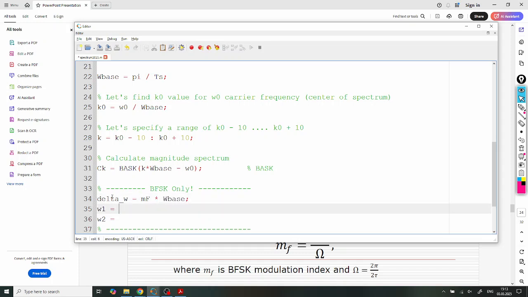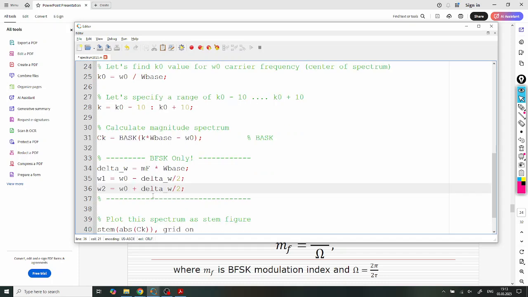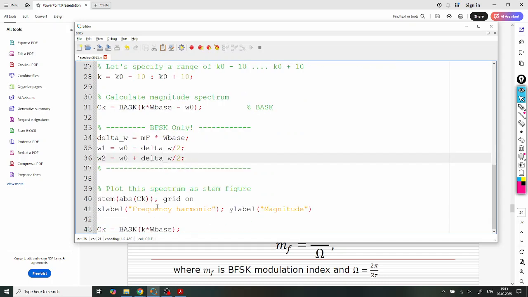Then omega 1 is going to be omega 0 minus delta omega by half, whereas omega 2 is going to be omega 0 plus delta omega by half. So now you have two of these frequencies for BFSK and can actually create a BFSK signal.